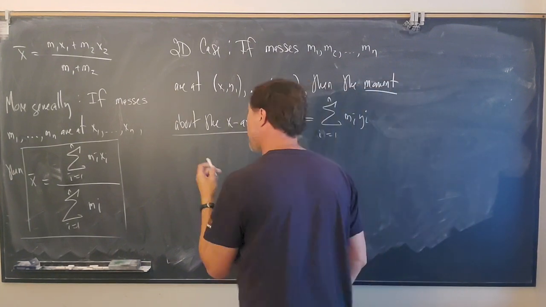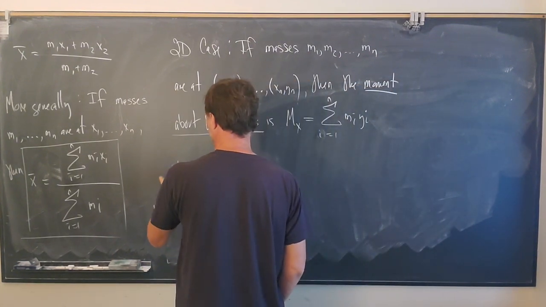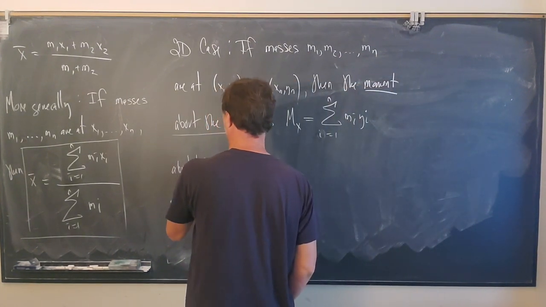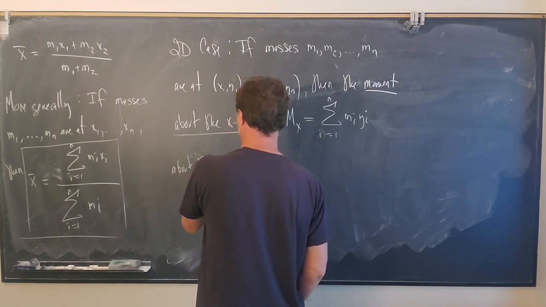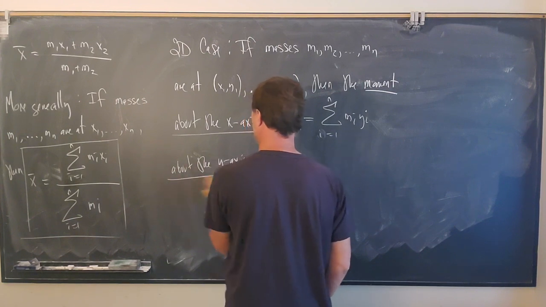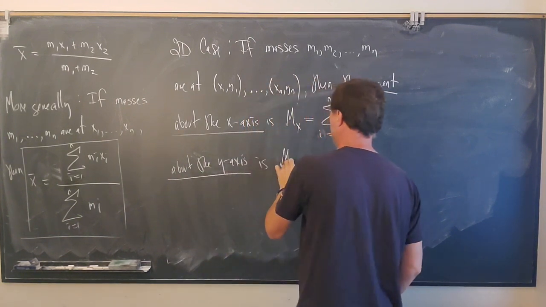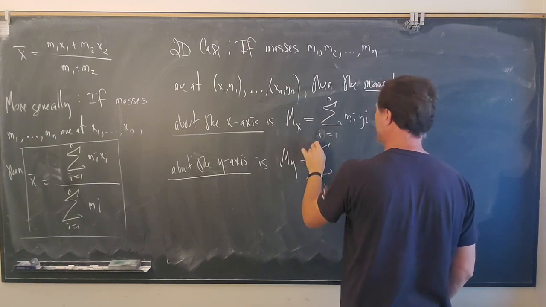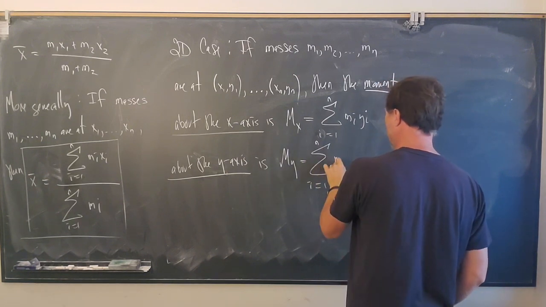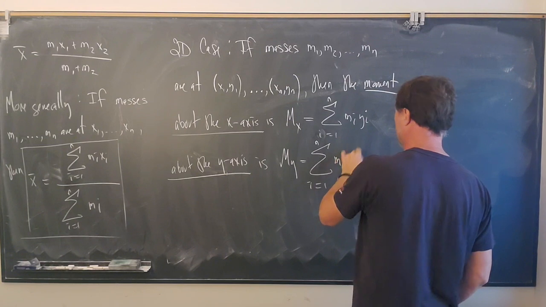There's also the moment about the y-axis, and that we write as capital M sub y, and it's the sum i equals 1 to n m sub i times x sub i.